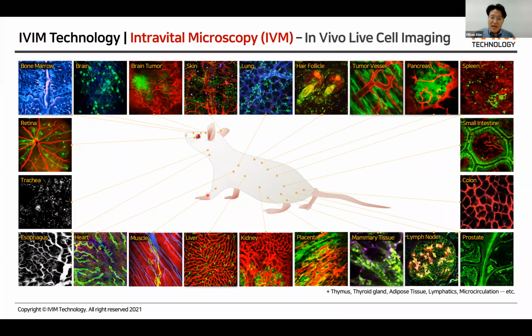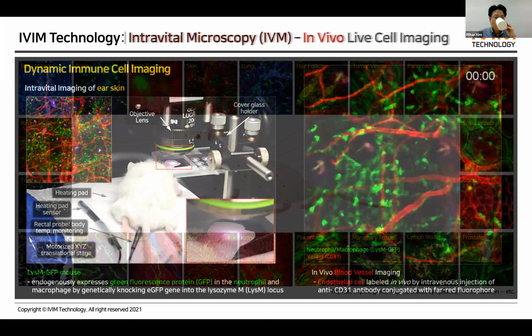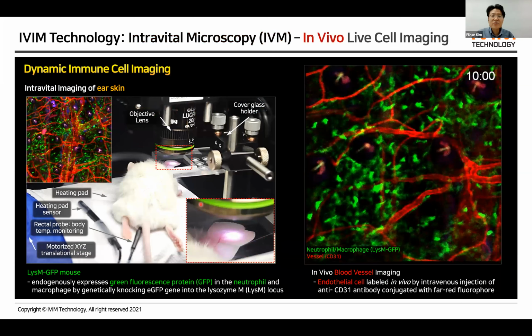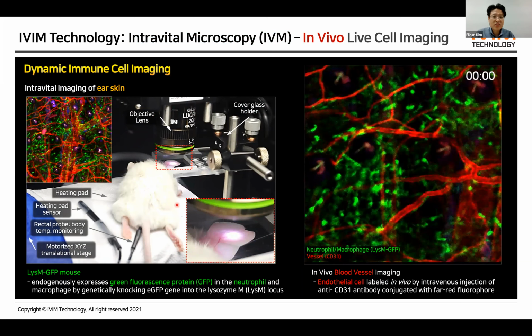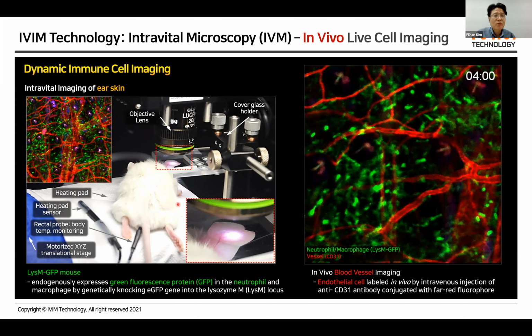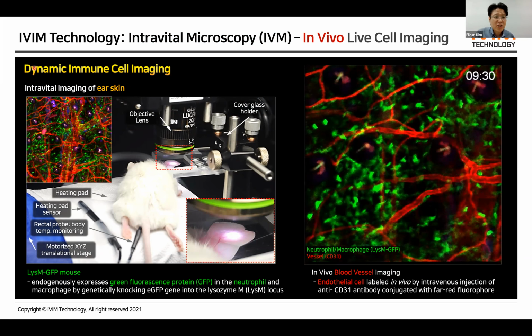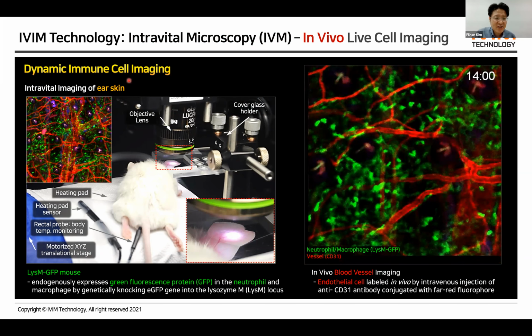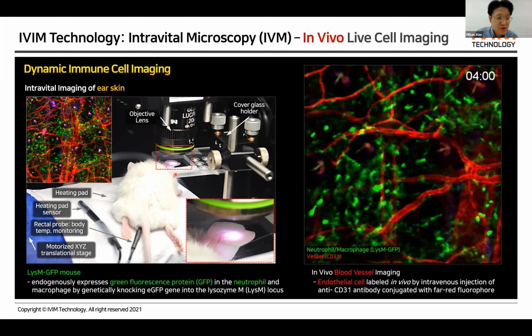So from now on, I'd like to show real examples of various tissue and organ imaging by using the intravital microscopy technique. Okay, so this is an example of skin imaging to observe the dynamic immune cell movement inside the skin tissue.